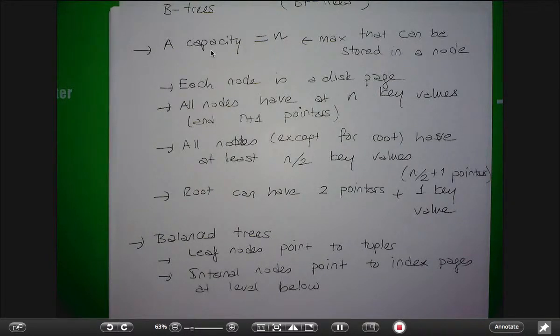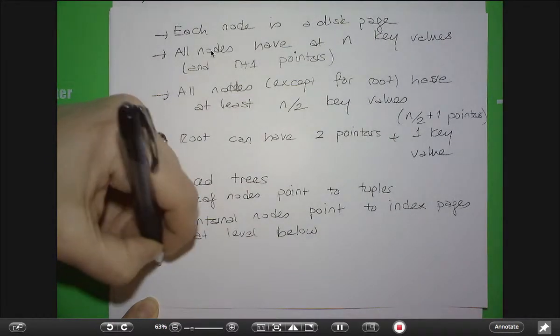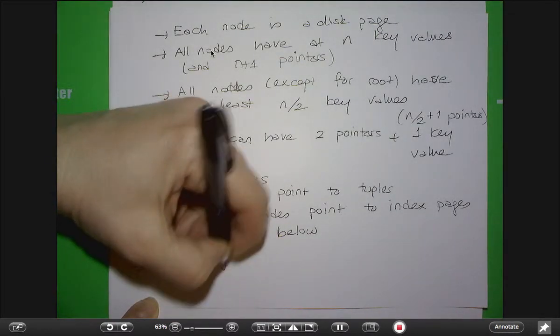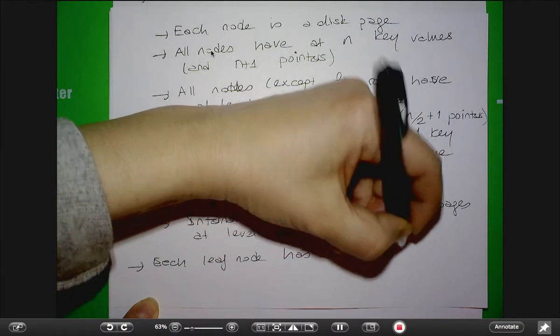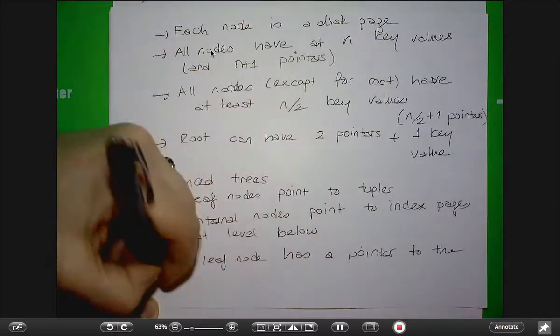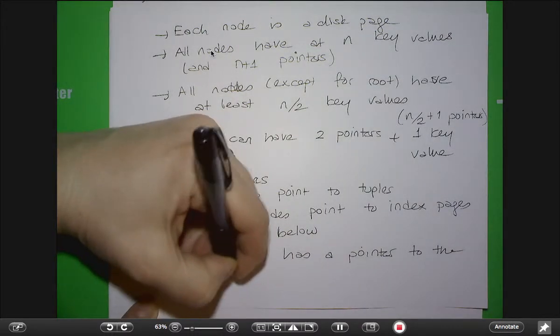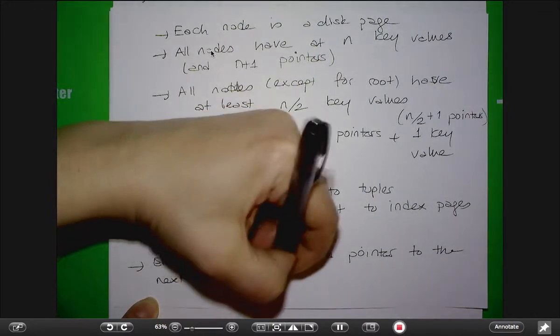We are going to make sure that the tree remains balanced, that nodes have between n and n over 2, and that the leaf nodes point to the tuples. And I guess I have one final thing. Each leaf node has a pointer to the next node, so it's called a sibling node.